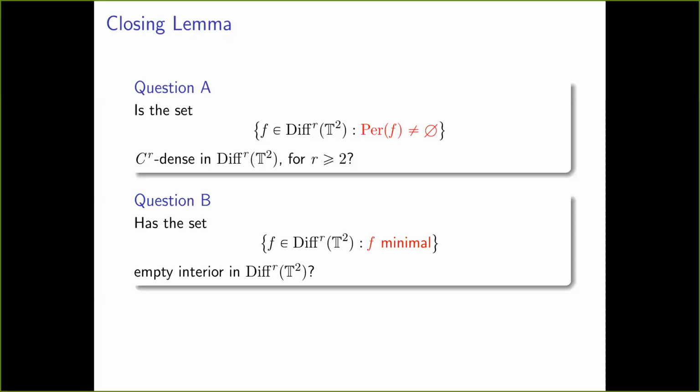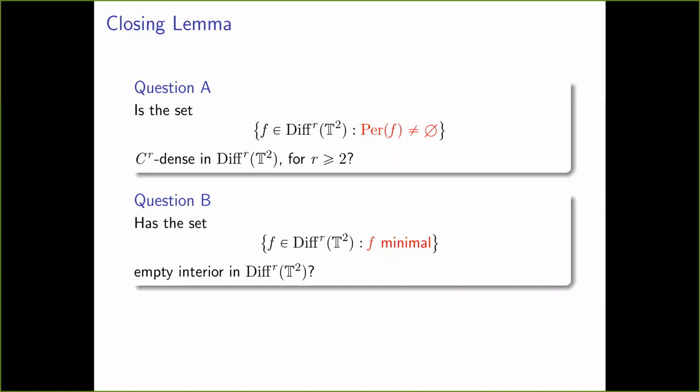Recall that a minimal diffeomorphism is a diffeomorphism where every orbit is dense in the manifold. And in this case, the problem is whether it is true that the set of C^r minimal diffeomorphisms has empty interior in the C^r topology.